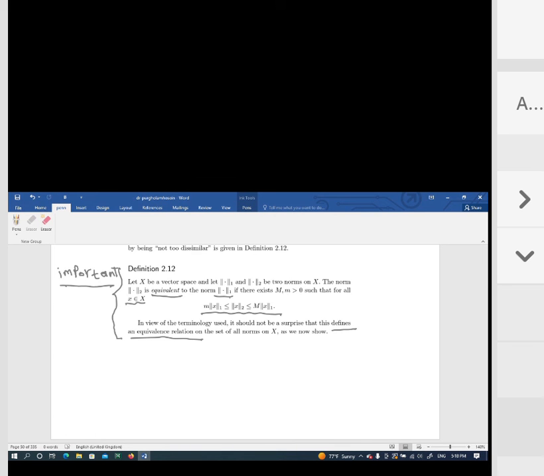So the norm 2 of x is between two multiples of the norm 1 of x.